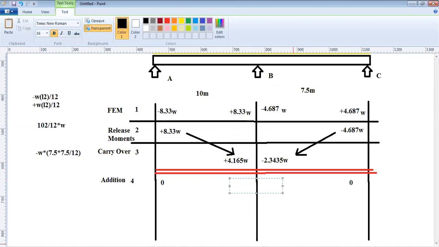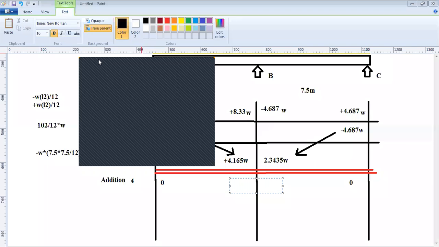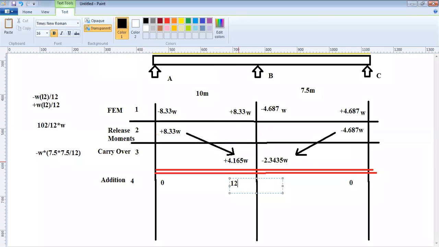Can any of you recall? Can any of you calculate this? Anyone? Plus 12.495 W. Yes, this is plus.